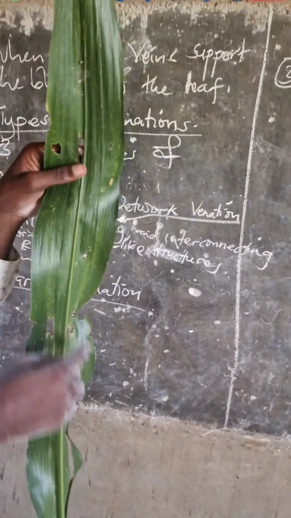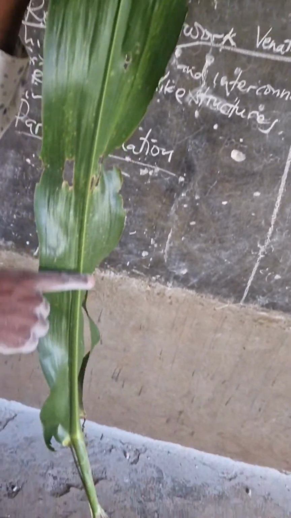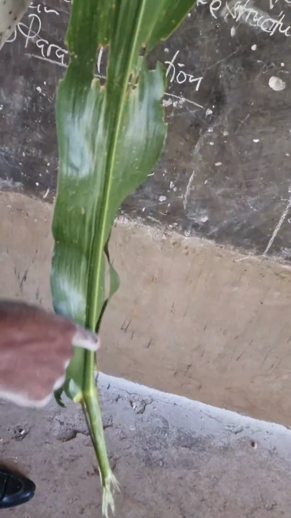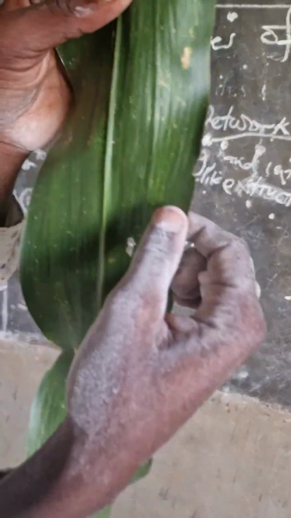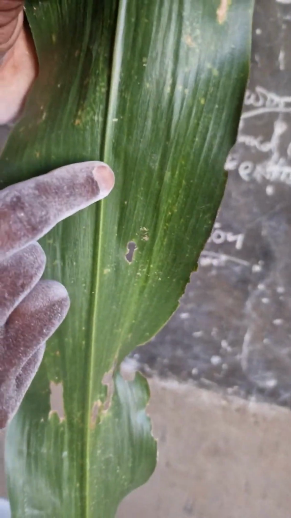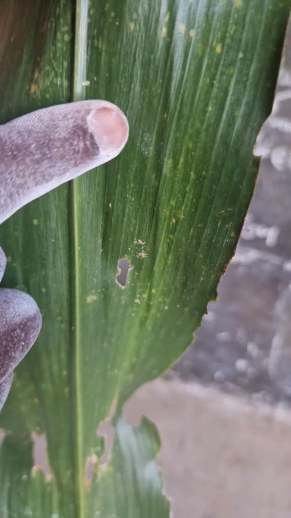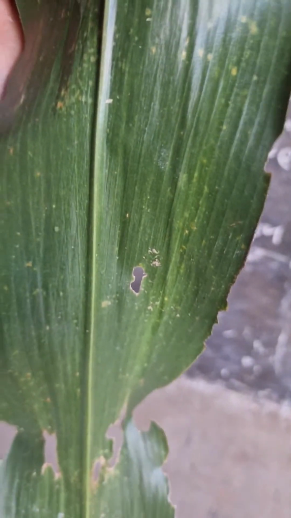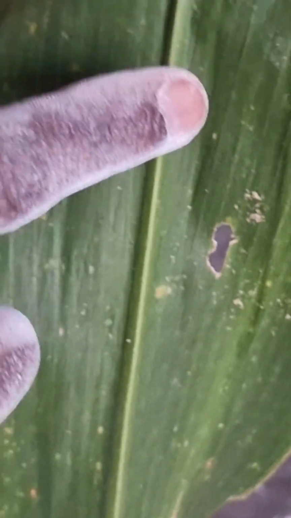These lines you see in this leaf, they are running parallel to the main vein, what we call the midrib, and to one another. And when you look at it closely, the distance from one vein to the other is the same as the distance from the other vein to the other. And also, the sizes of the veins are almost similar. They're of the same sizes, the veins.